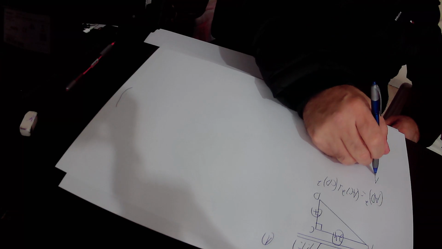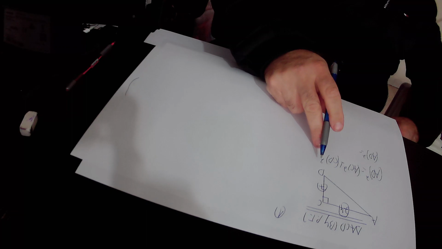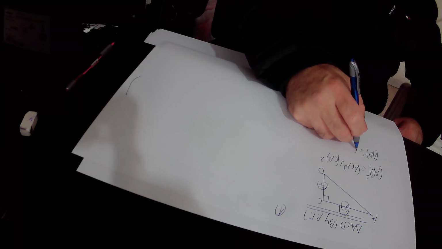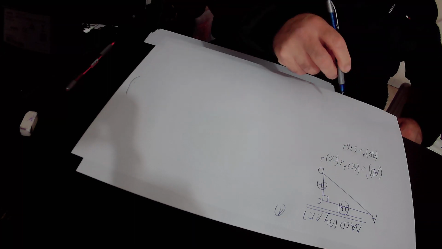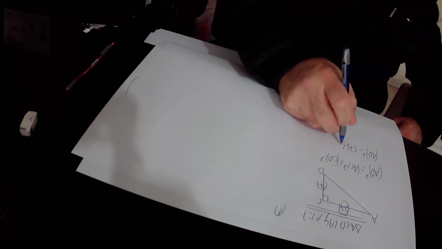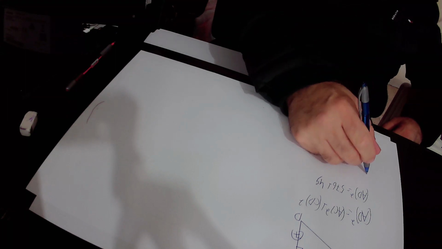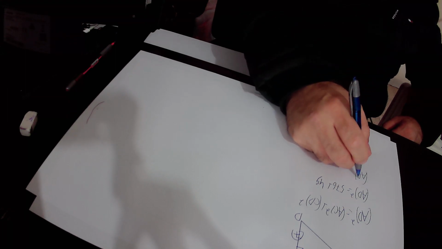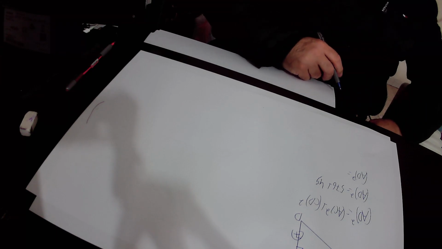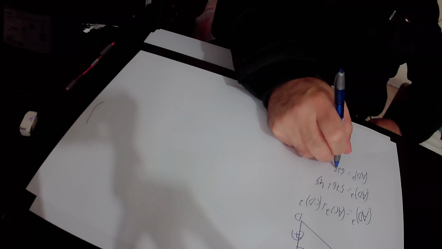So AD squared, that is the square of the hypotenuse, equals AC squared. AC is 24, therefore AC squared is 24 squared, that is 576, plus CD squared. CD is 7, therefore CD squared is 7 squared, that is 49. So we're going to find out that AD squared equals 576 plus 49, it is 625.